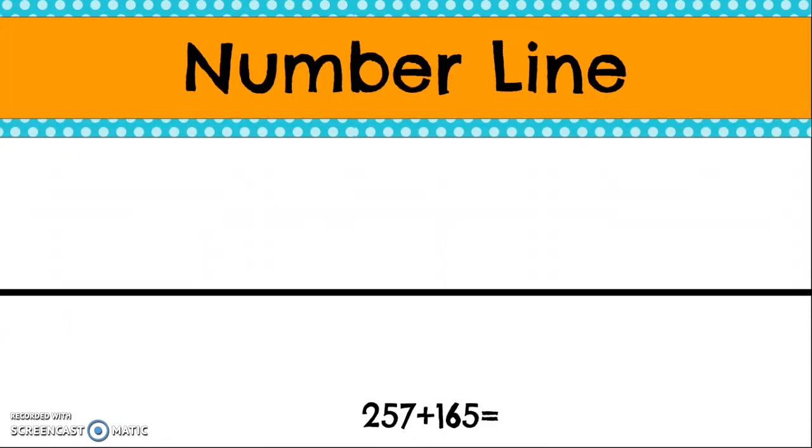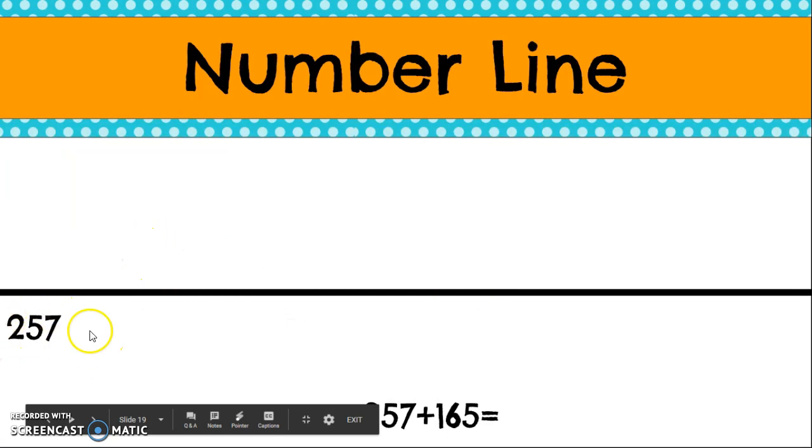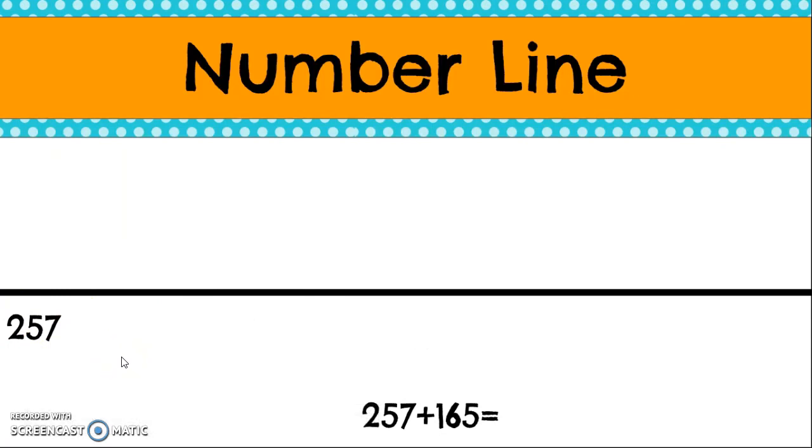Now we're going to work on the number line with addition. With addition, your number always starts at the beginning of your number line, and then you would move this way. Again, we always use our bigger number and then add the smaller number. So we're going to be adding 165 to our 257.